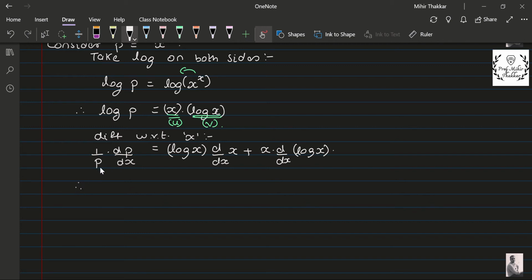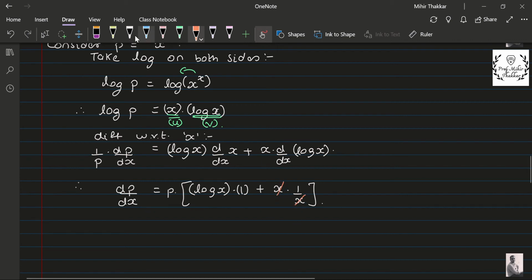Cross multiply this p on the opposite side, guys. dp by dx is equal to p into bracket log x into 1 plus x into derivative of log x, which is 1 by x.